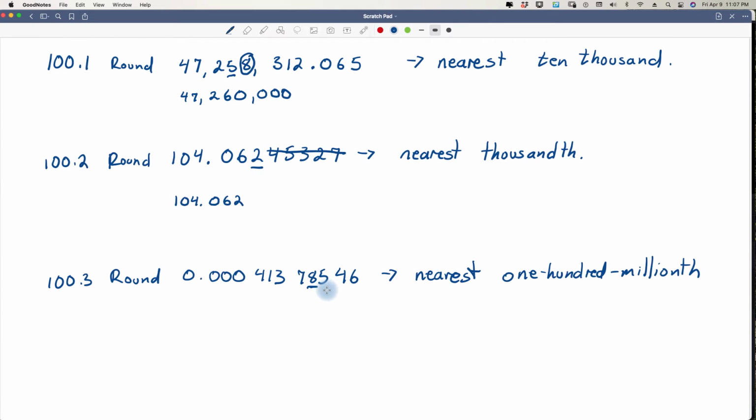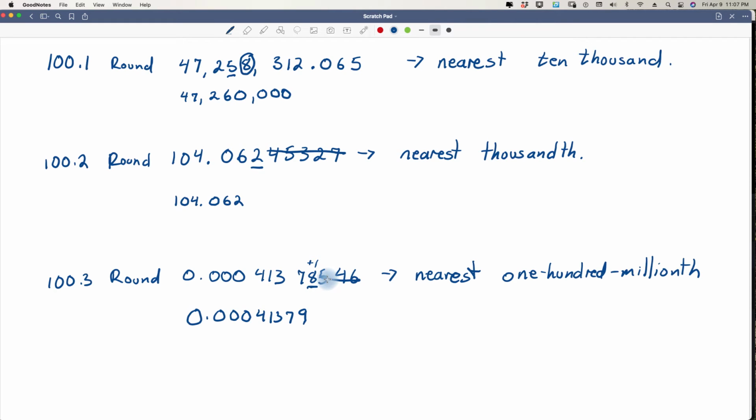Is that equal to or greater than 5? Yes, it's equal to 5. So we can bump this one up. We can negate this and add a 1. You could even look at it like that. So our answer would be 0.0004137.9.